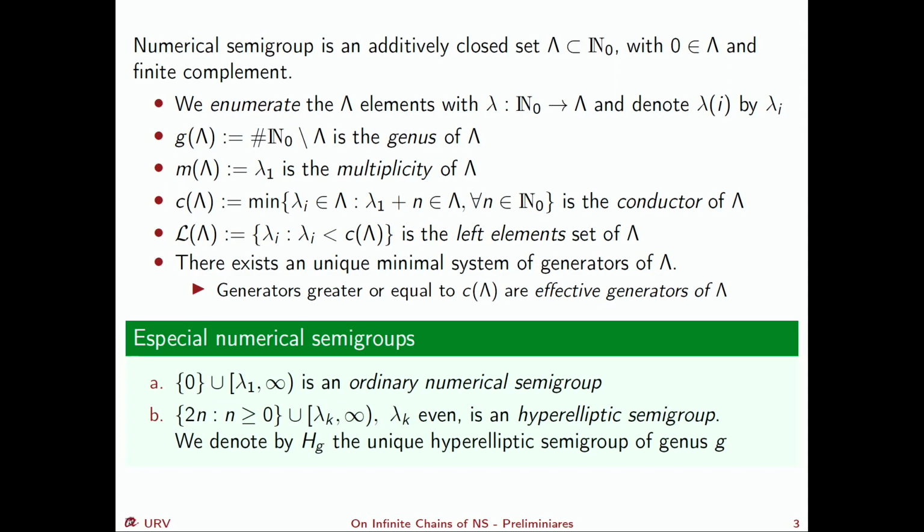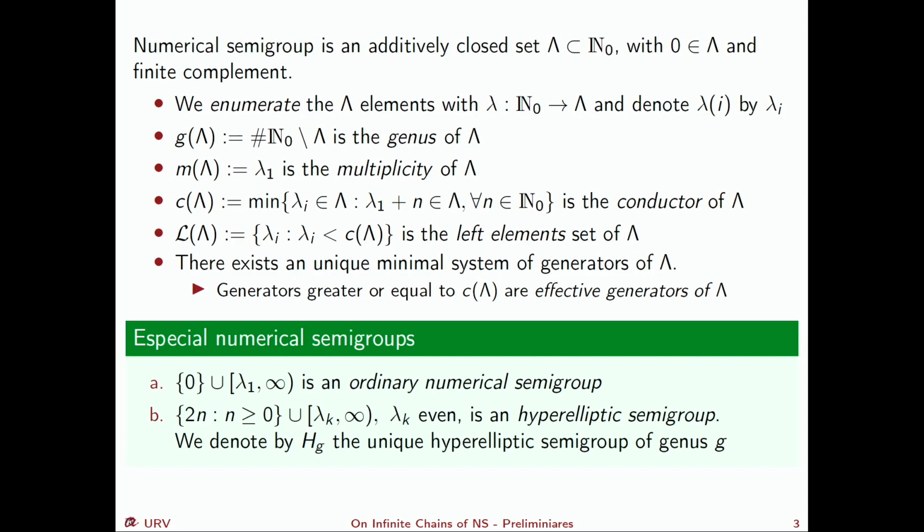Multiplicity is the smallest non-zero element. Conductor is the smallest element from which all naturals are in the numerical semigroup, greater than or equal to the conductor. And the left elements are the elements in the numerical semigroup smaller than the conductor.